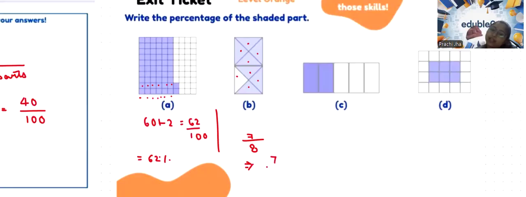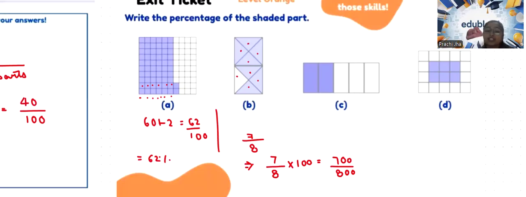If we multiply both of them by 100, we get 700 and 800. If we further do it, just 7 over 8 times 100, that is nothing but 7 over 8 times 100, right?